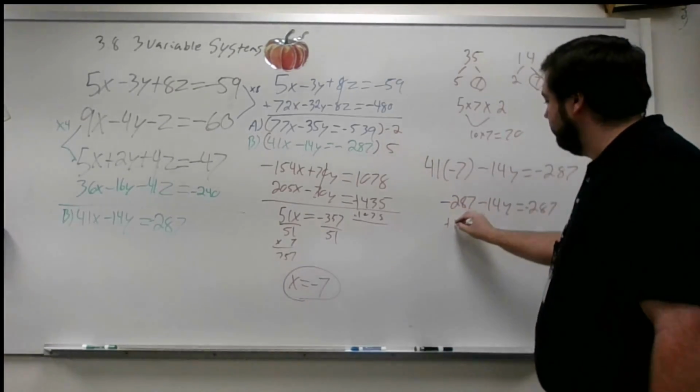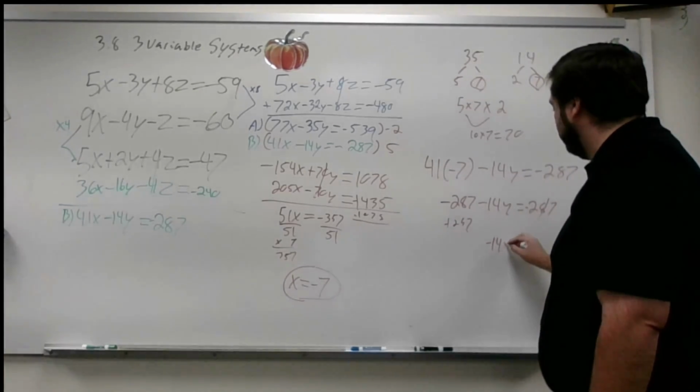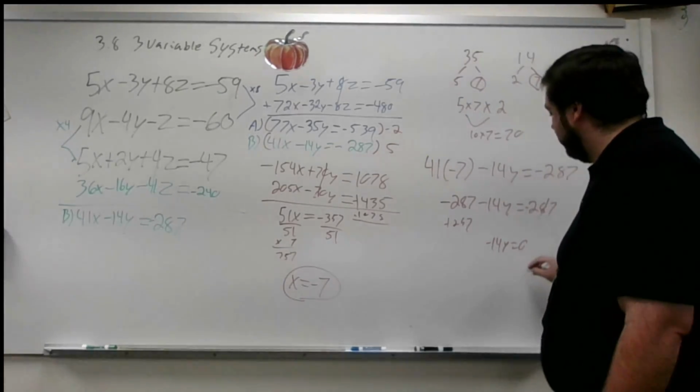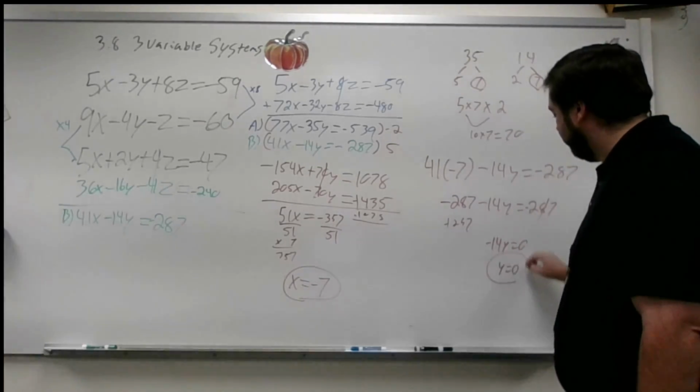Hey, look at that. We add 287 to both sides. They're going to cancel. We're going to get negative 14y equals 0. What times negative 14 is 0? Well, y equals 0. All right?